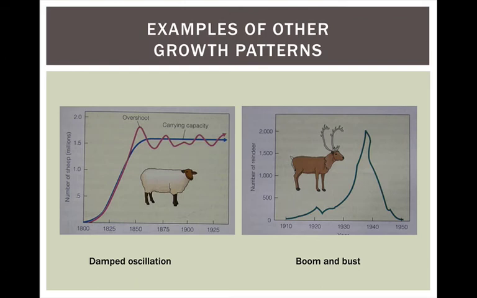Okay, here are some examples of other growth patterns that are very informative. One is we might see a damped oscillation, such as you see on the left here. This is an example from some data from sheep that were grown, and as they grew up in a resource-rich environment, they grew very fast, but then they overshot their carrying capacity, eating the grass faster than it can be replaced.